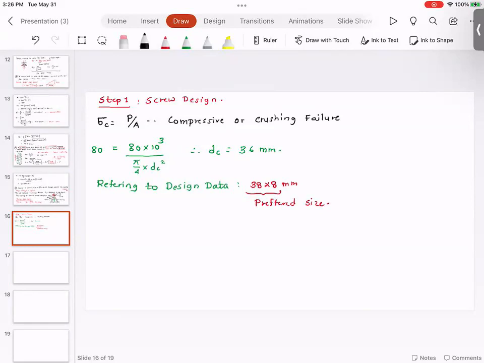So with this, I should be able to find out DI is equal to 38 millimeters, DO is equal to 46 millimeters, and pitch is equal to 8 millimeters. These dimensions come from the design data book.